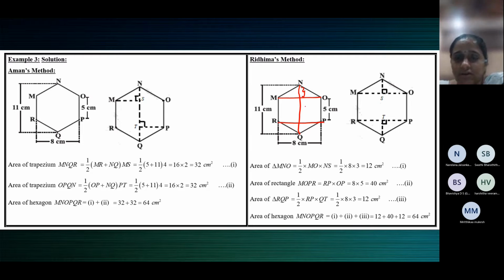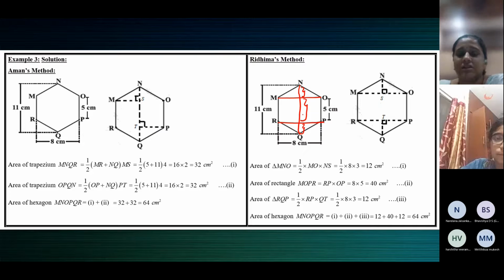There's one portion here, there's one portion here, and there's another portion here. The sum of these 3 pieces is equal to 11, because from here to here is 11, and that is divided into 3 pieces.